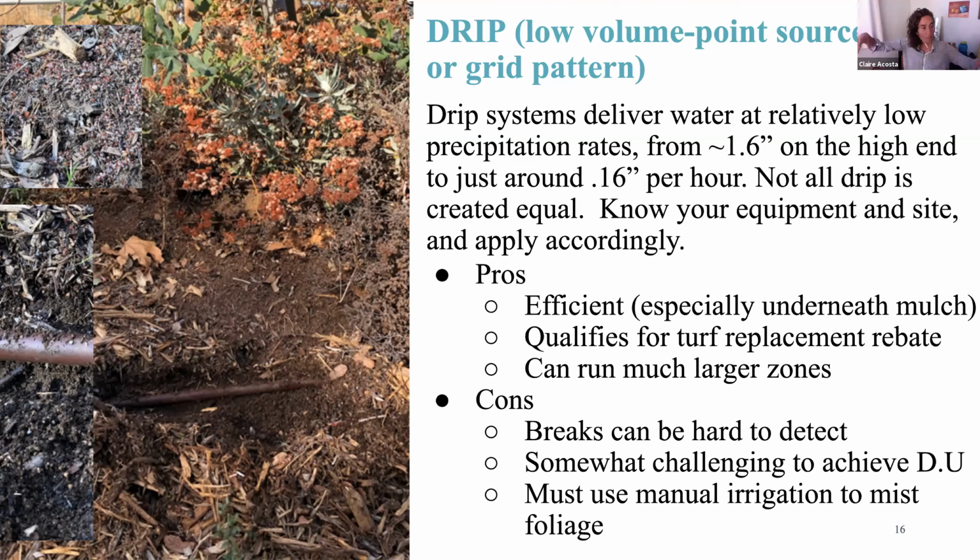Or even a small space, like a little hedge area where they're all the same plant. It's traditionally made for agriculture, like lines of vineyards or vegetable crops, the drip tape that you see with vegetable crops. So inline drip is not necessarily the best case scenario.